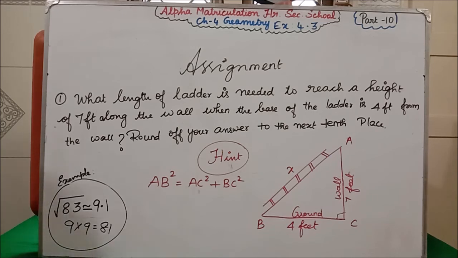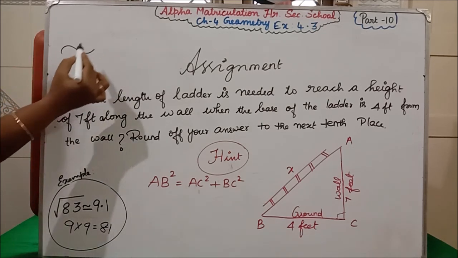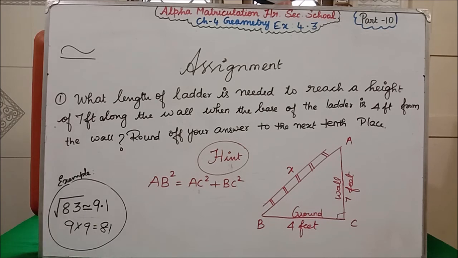So our answer will be 9 point something. So we have to write 9.1. In between, you should not put equal to; you have to put the approximately symbol. For the approximately symbol, you draw one wavy line like this, and below it another line. Clear, all of you? Like this you have to write.